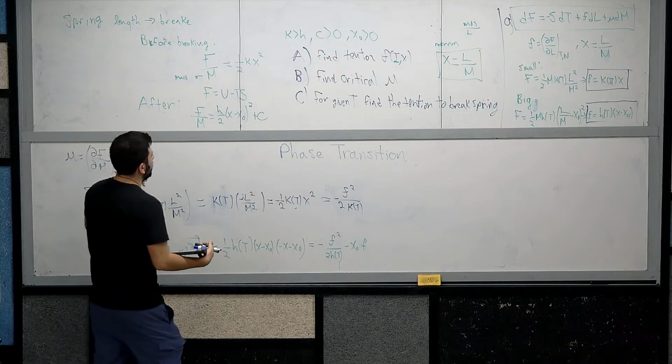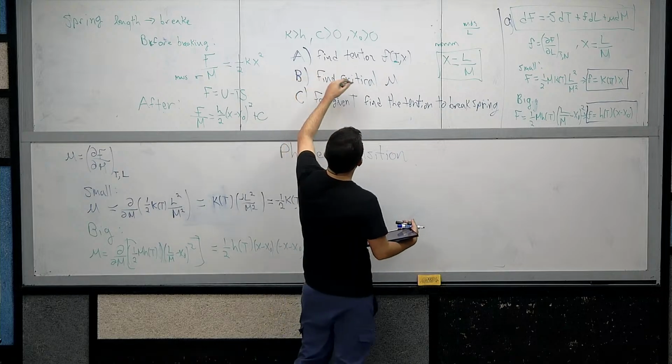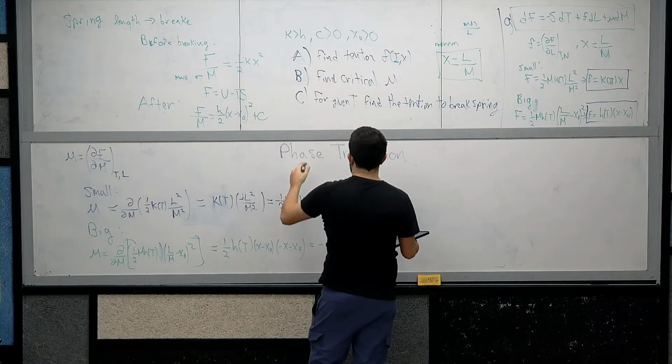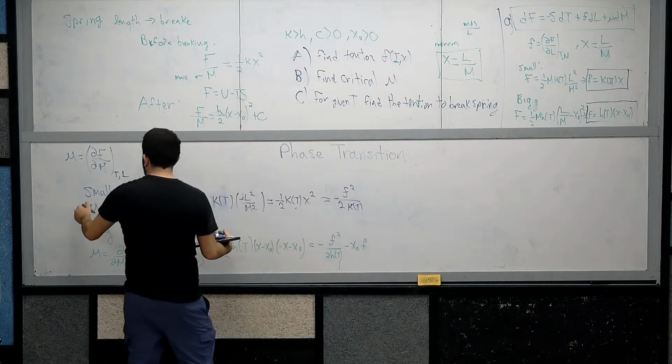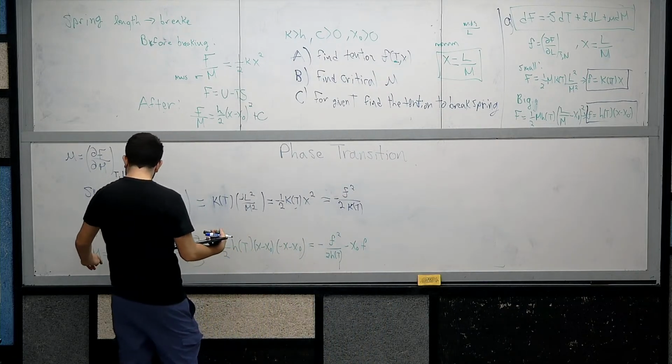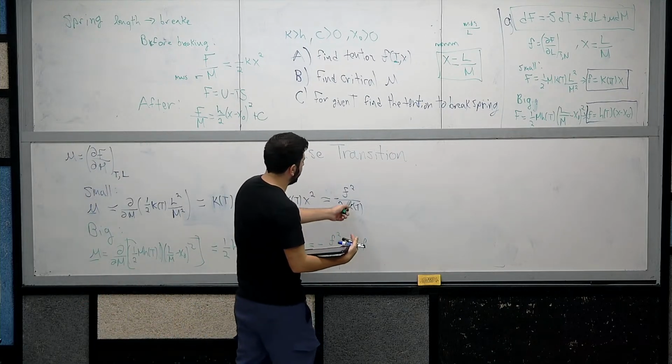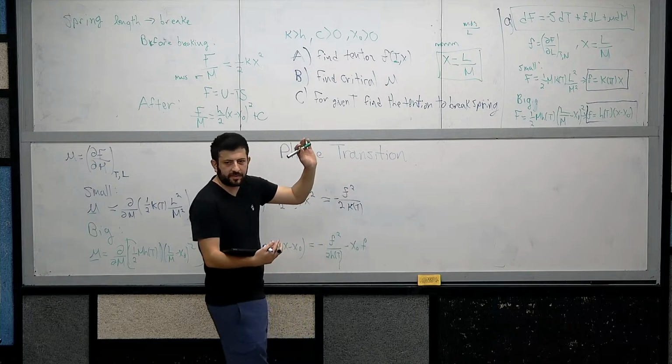So we find the chemical potential for both phases, and then we equate them, saying this mu is the same as this mu, and when that happens as a function of tension, we have the phase transition.